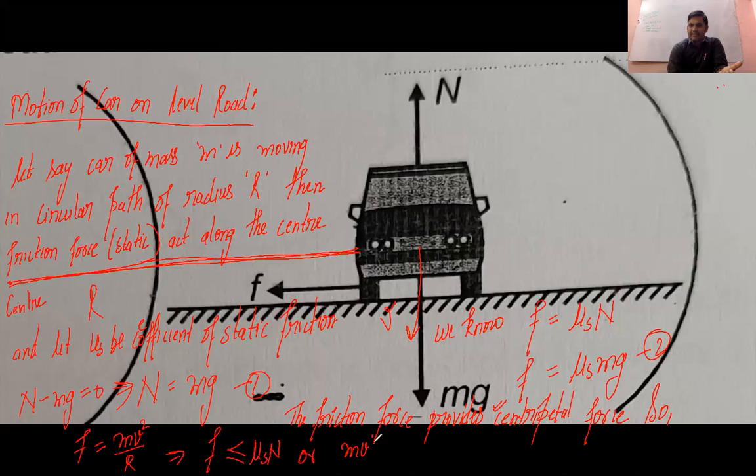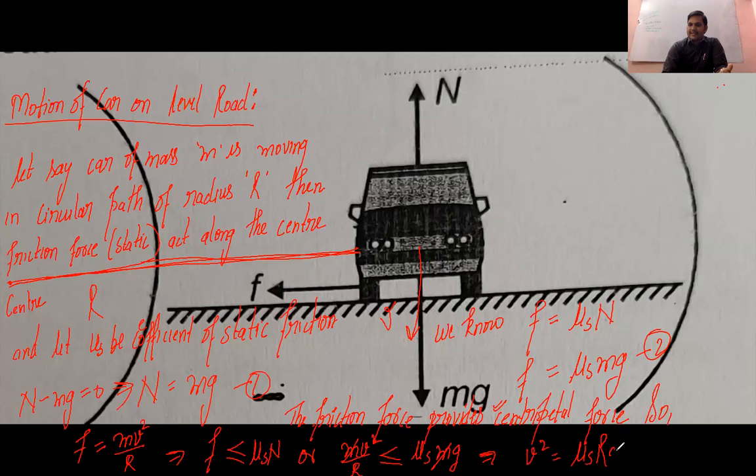This will be mv square by r, and this will be lesser than or equal to mu s into mg, and m will be cancelled out. This v square is equal to mu s, the radius, and g, or lesser than or equal to.